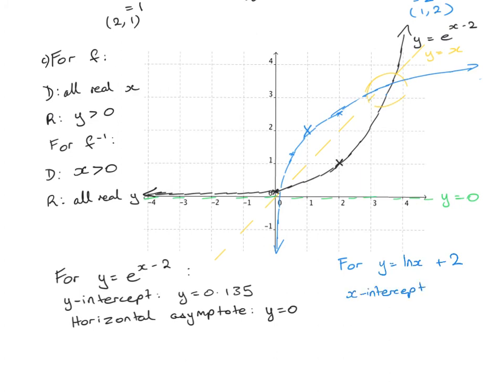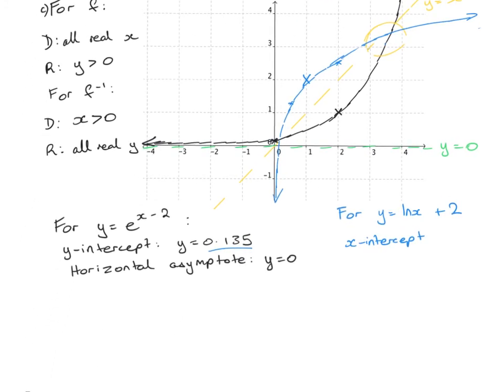Now, it should just be 0.135, but let's double check by making y equal to 0. So we get 0 equals, and remember we're doing y equals 0 for the x-intercept, ln x plus 2.